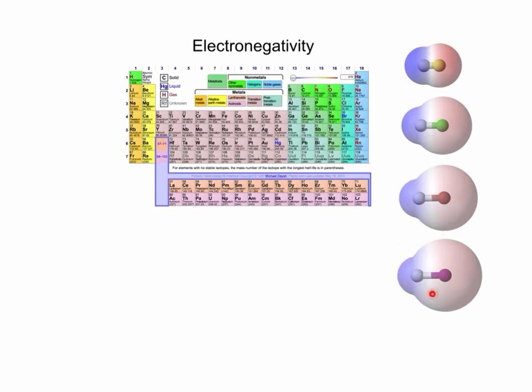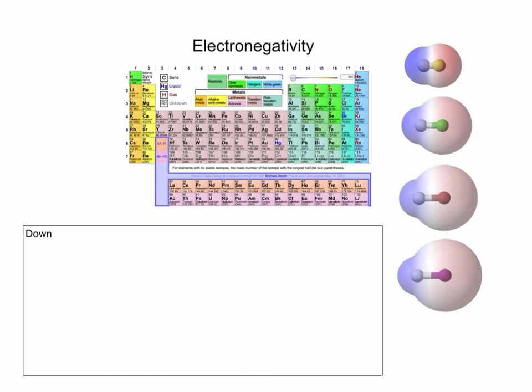The electrons appear more often around the purple atom than the blue atom. So the purple atom is more electronegative than the blue atom. And we can use the same logic as we used for electron affinity to figure out the patterns on the periodic table, going down a group and across.